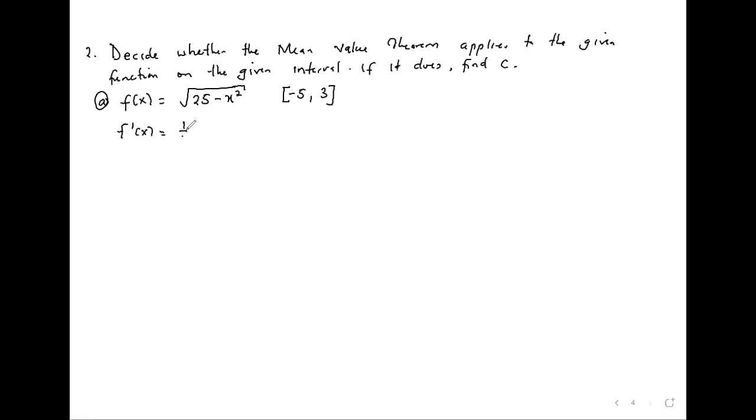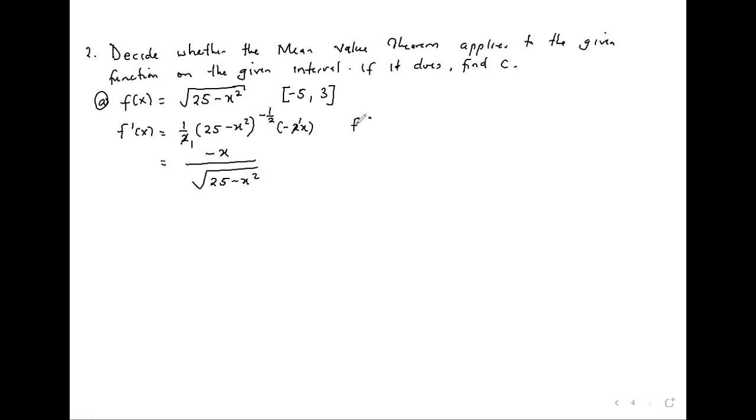That is going to be half, 25 minus x squared to the power -half, multiplied by -2x, which is 2 here 1, 2 here 1. So you get -x over the square root of 25 minus x squared. So it is differentiable.